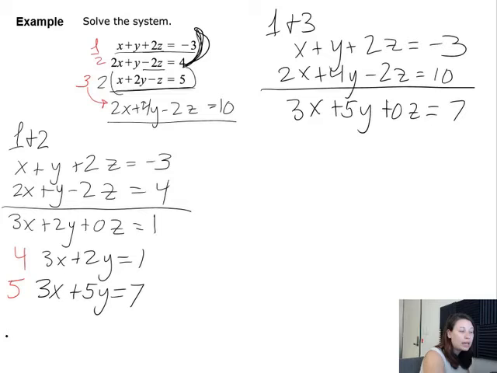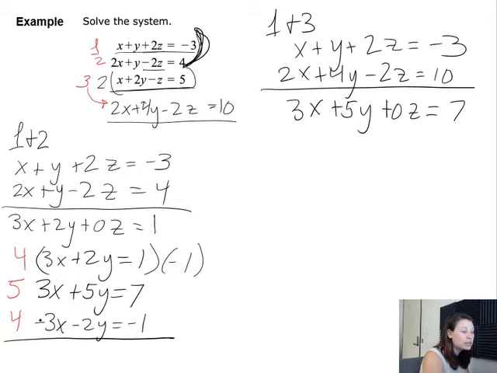Let's go ahead and multiply one of these by a negative. Let's do the first one so that we don't end up with a negative y. It doesn't truly matter though. We're going to multiply this one by negative 1. So we get a new version of 4, and it is negative 3x minus 2y is equal to negative 1.